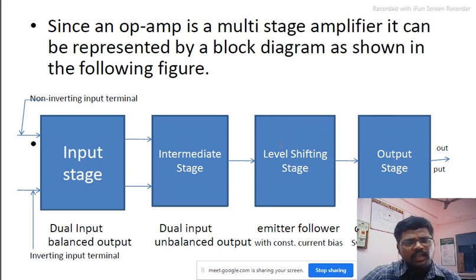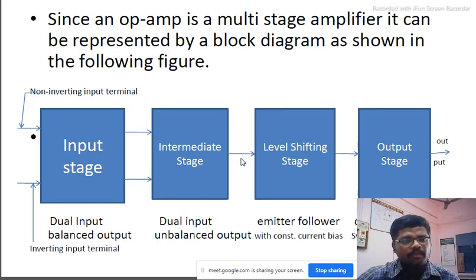In these there are two different stages, called the intermediate stage and the level shifting stage. In this figure we have to explain the input device. It is dual input balanced output. Dual input means inverting and non-inverting; at the same time, data can be given to these two terminals.